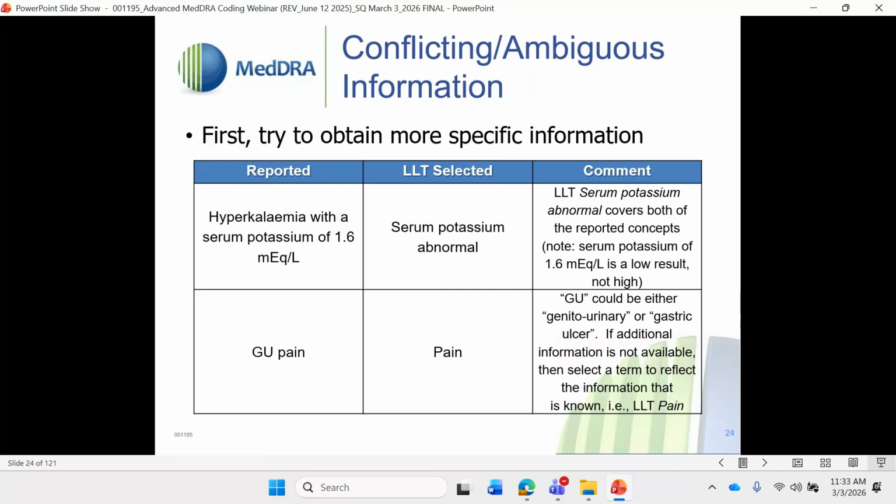GU can mean different things to different people. Therefore, if I can't query and I can't get additional information, the best bet would be to code pain. I know it's pain. I don't know which system they mean, but I do know there's some pain, right? So the baseline thing is pain. Since I cannot clarify or get additional information on what GU means, the best bet is to code pain.